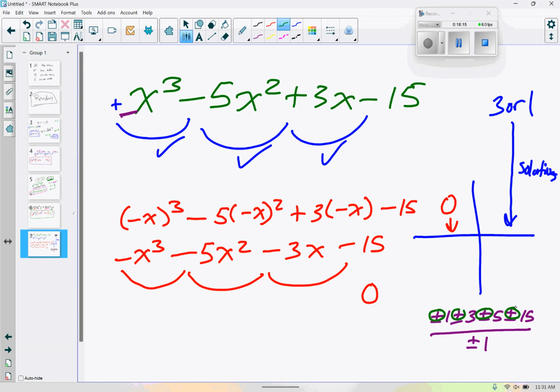Or is there 1 rational solution and then 2 other solutions that are irrational? Irrational solutions are numbers that you can't write as a fraction. It's a decimal that goes on forever and never repeats. It's like the square root of 2. If you type it in your calculator, it'll take it out 10 spots.